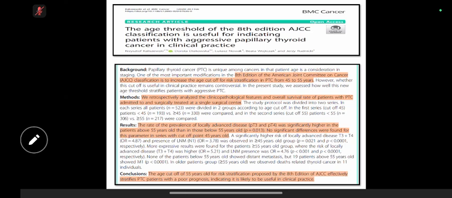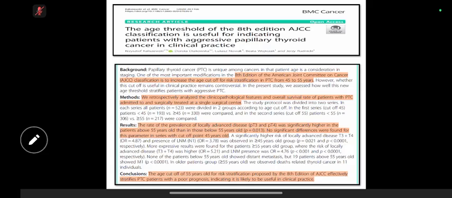In this study, they assessed how well this new age threshold stratifies patients with aggressive PTC. This was a retrospective analysis of the clinicopathological features and overall survival rate of patients with PTC admitted to and surgically treated at one single center. The patients were divided into two groups.